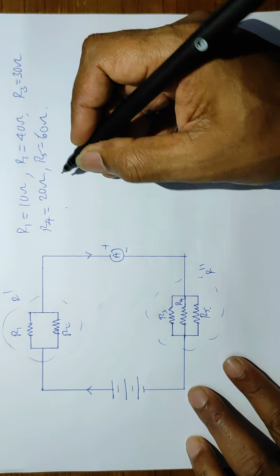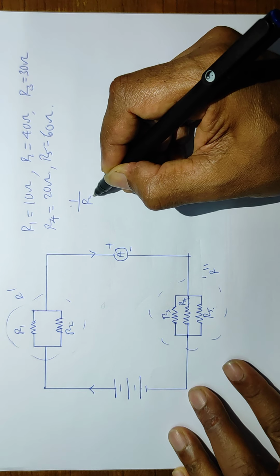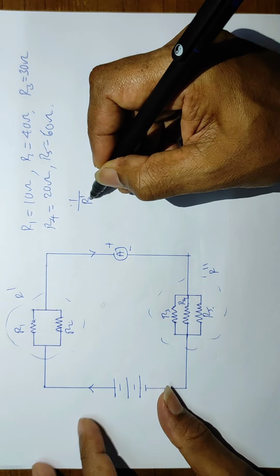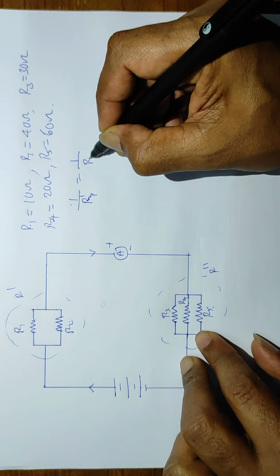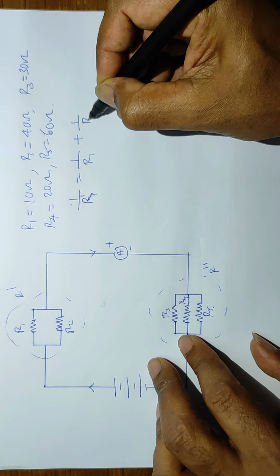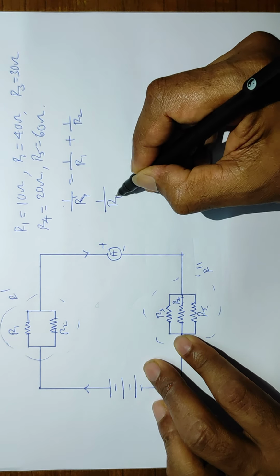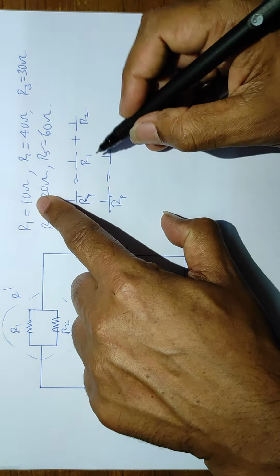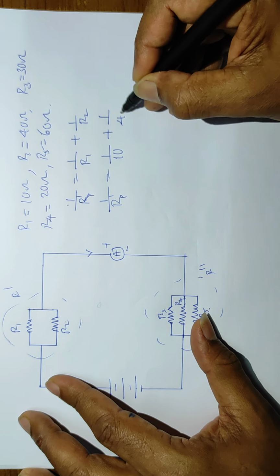You have to take the reciprocal. 1 by Rp dash, you can call this R dash or Rp dash, is equal to 1 by R1 plus 1 by R2. So 1 by Rp dash is equal to, the value of R1 is 10 ohm, the value of R2 is 40 ohm.